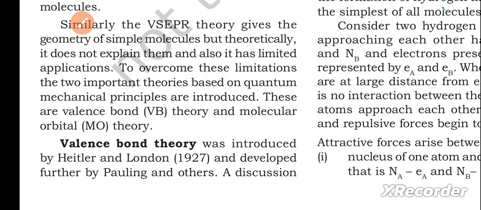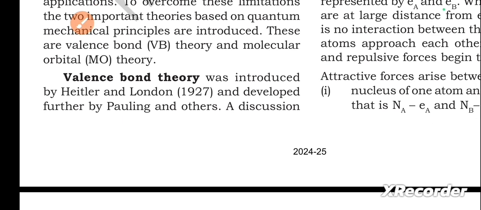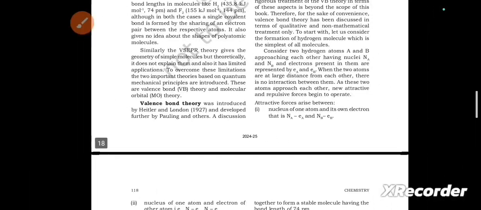These are valency bond theory and molecular orbital theory. Valency bond theory was introduced by Heitler and London in 1927 and developed further by Pauling and others.